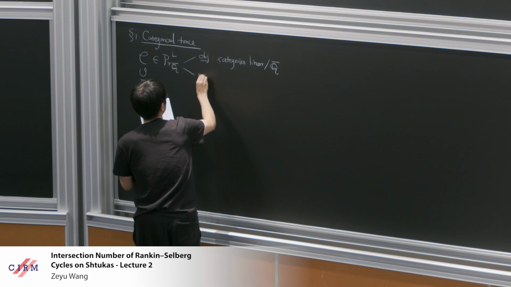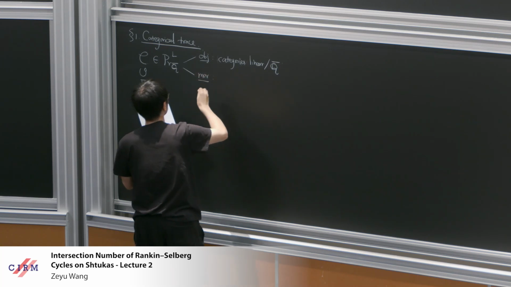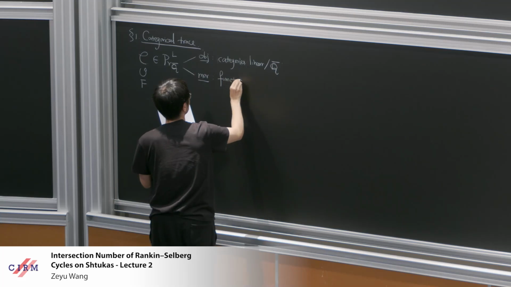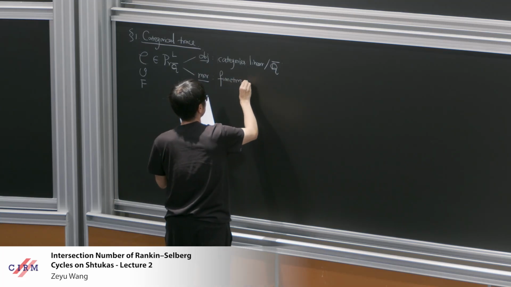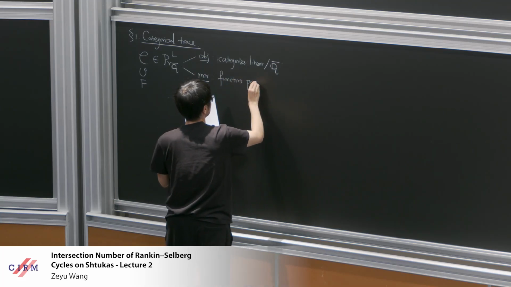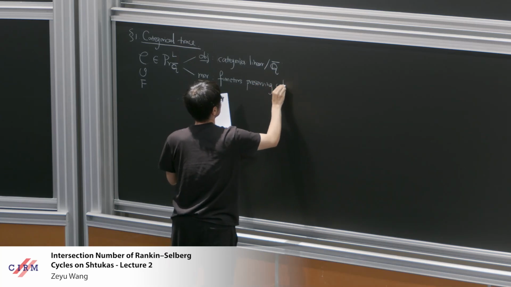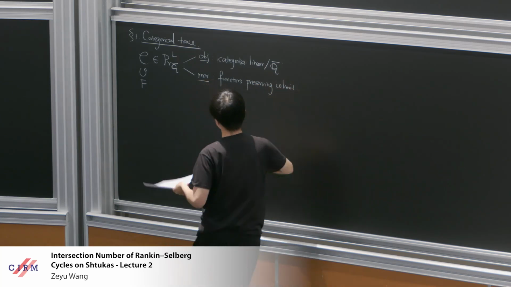And its morphisms are more interesting. So they consist of functors preserving colimits.